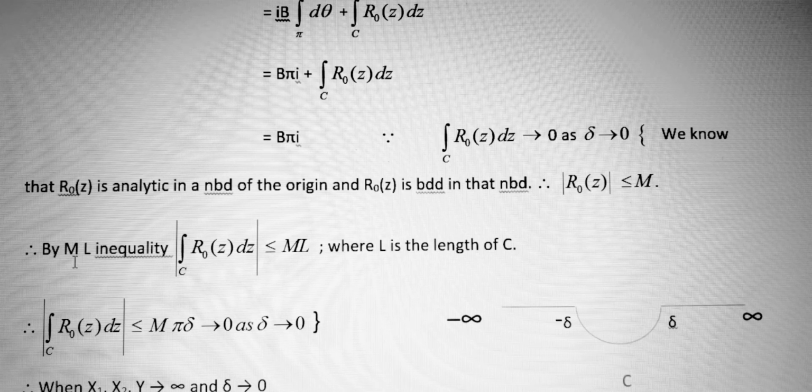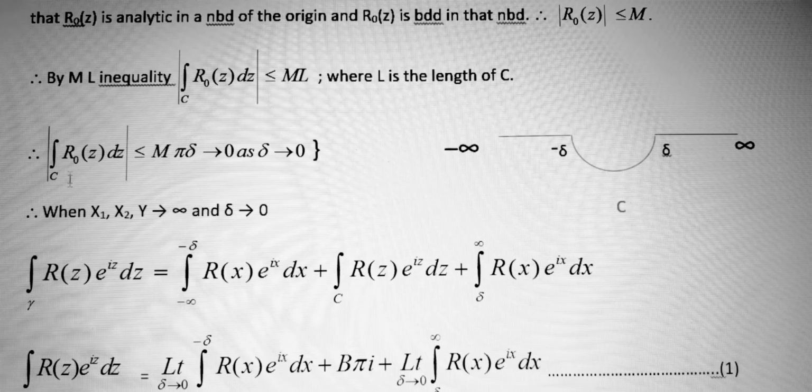Therefore, by the m into L inequality you have studied earlier in B.Sc classes, we have modulus of integral over C r naught of z dz is less than or equal to, if we replace this by m, then we get m into integral over C dz, which is L. So this is less than or equal to mL, where L is the length of C. Therefore, modulus of integral over C r naught of z dz is less than or equal to m into length of C, which is pi delta.